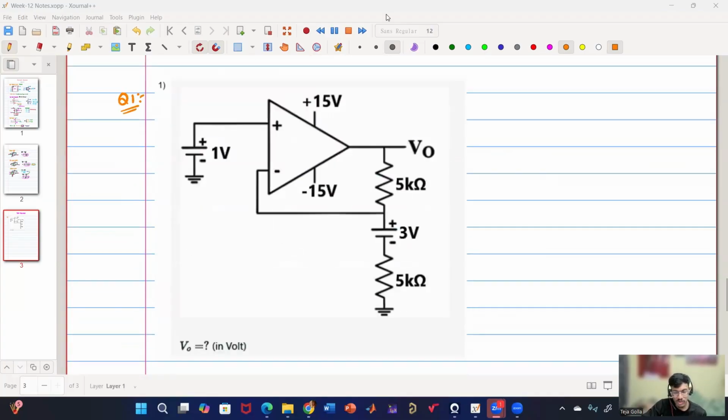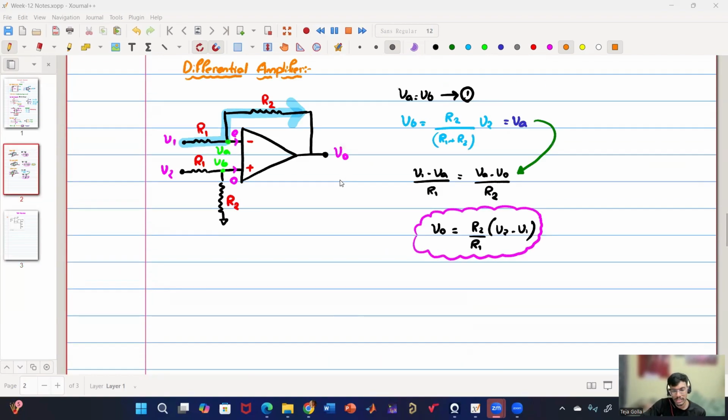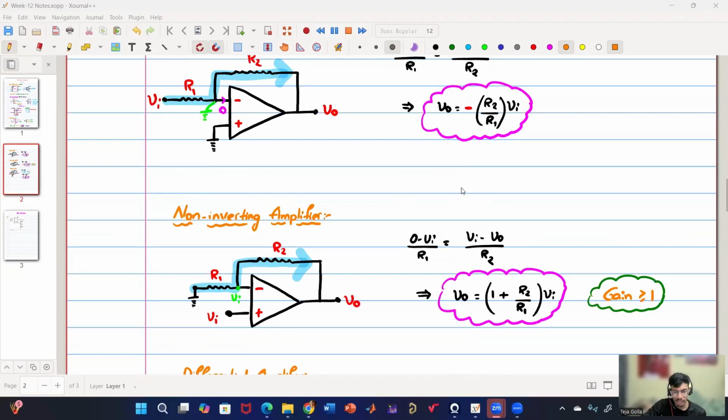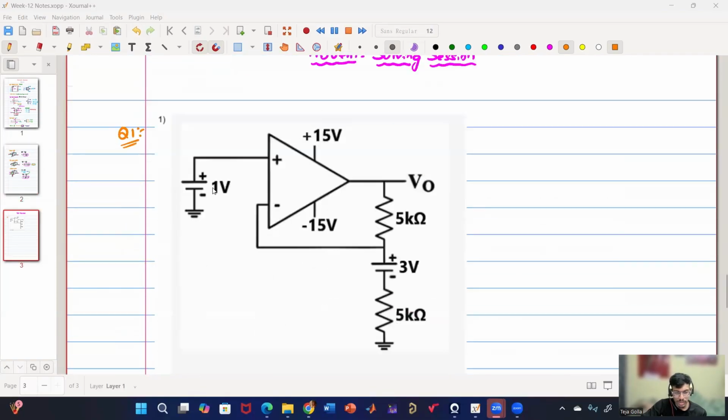So Nandini says virtual short, so 1 volt at the intermediate node. Yes, very good. So basically we'll be using this result, which is the virtual short. It is independent of any circuit. If it is ideal, then we can use virtual short. So this is 1 volt, so this terminal is also 1 volt. Agree?